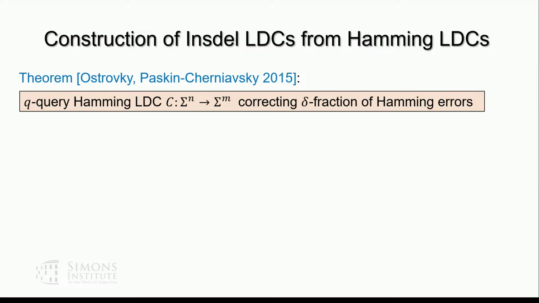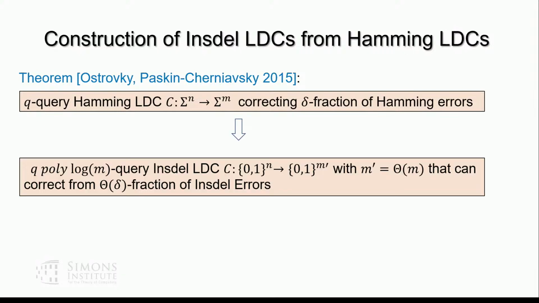The first paper that considered locally decodable insertion deletion codes is by Ostrovsky, Paskin-Cherniavsky. And they prove the following statement: if you take a Hamming locally decodable code with Q queries, correcting a delta fraction of Hamming errors, you can somehow massage it into an insdel, insertion deletion, locally decodable code, where the query complexity blows up by polylog m.